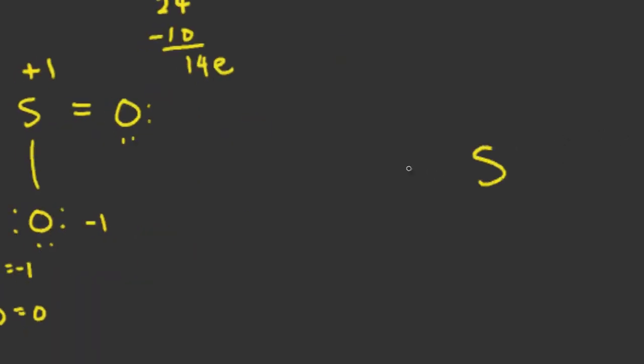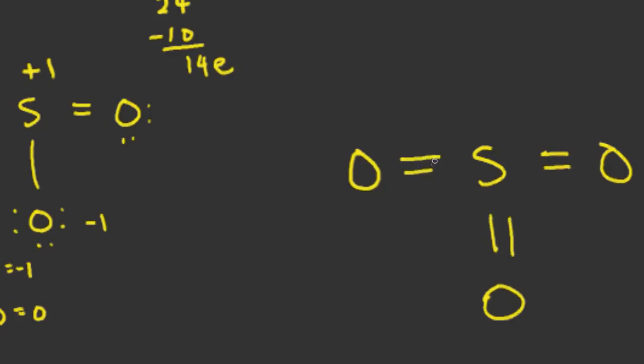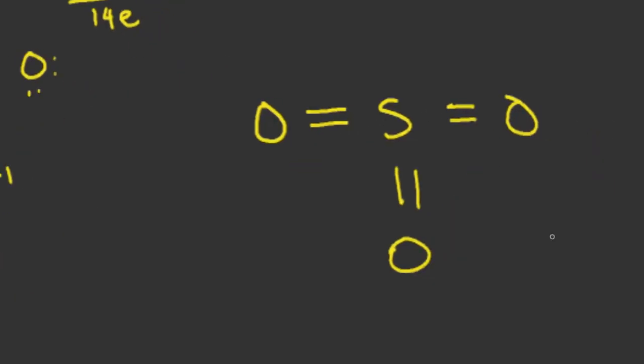So we have sulfur, oxygen, oxygen, oxygen, and then if we do this, here we're going to have six for the valence of sulfur minus the 6 bonds plus 0 lone pairs.